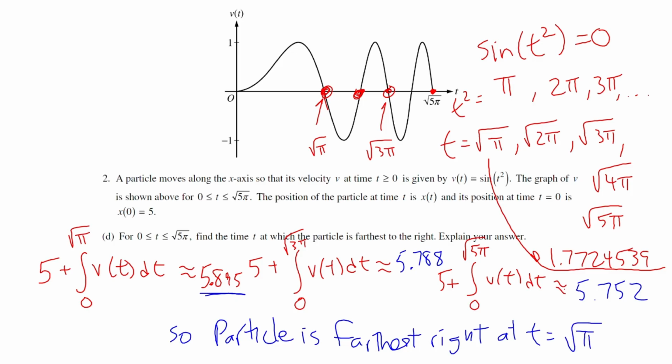And they gave you 3 points here for part D. 1 for setting the function equal to 0, 1 for the correct answer, and 1 for the reasoning, which in our case is this work here showing the 3 possibilities and what we got there for each of them. And that is the end of this motion FRQ, question number 2 from the 2007 Form B AP Calculus AB exam.